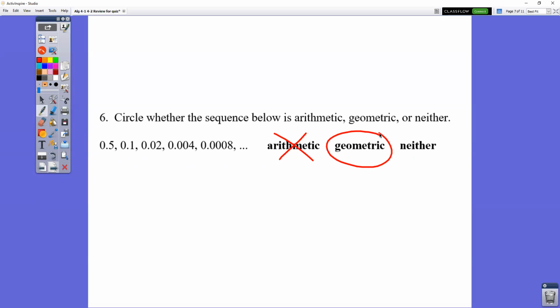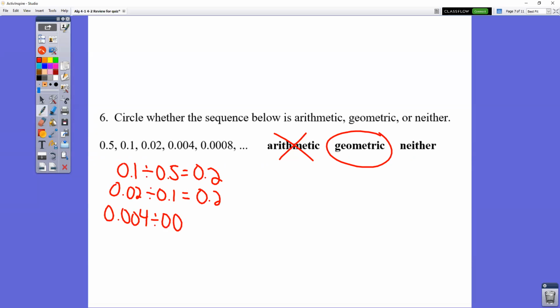How do I know that it's geometric? Well, you have to divide, going backwards. 0.1 divided by 0.5 equals 0.2. 0.02 divided by 0.1 is 0.2. 0.004 divided by 0.02 equals 0.2. 0.0008 divided by 0.004 equals 0.2.